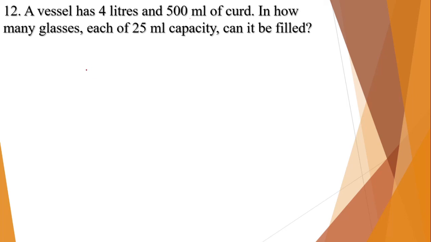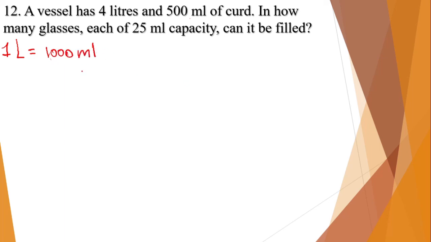Now, first we have different units here. We have liters and milliliters also, right? So we should convert it into liters or milliliters. Now first we should know 1 liter is equal to how many milliliters. So 1 liter is equal to 1000 milliliters.